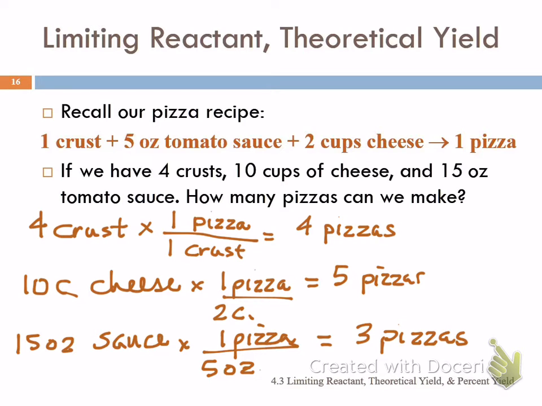It doesn't happen when we're doing chemical reactions either. Generally, there's 1 reactant that gets used up, and we call it the limiting reactant because it limits how much product we can make. Just like here, we have a limiting ingredient, the tomato sauce. We run out of it, everything stops.